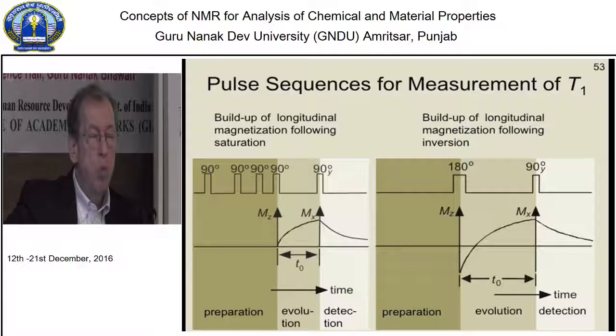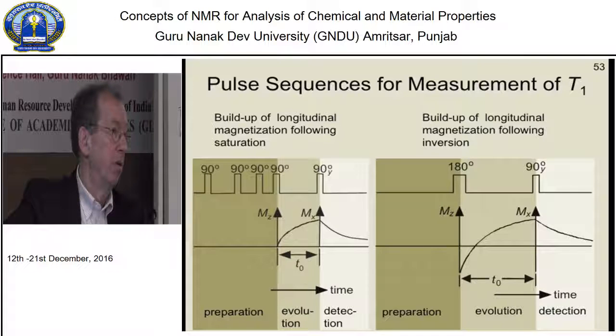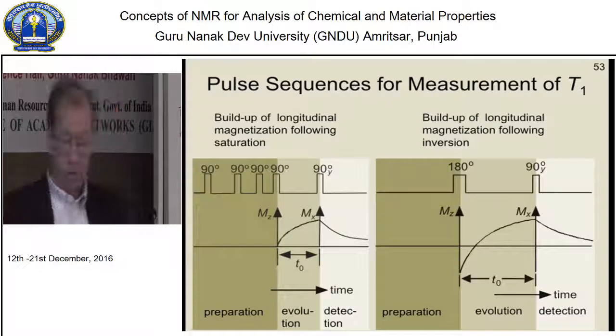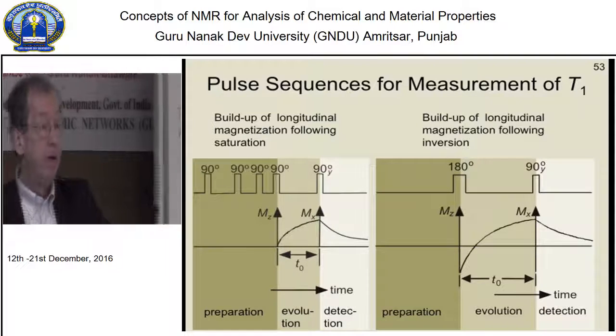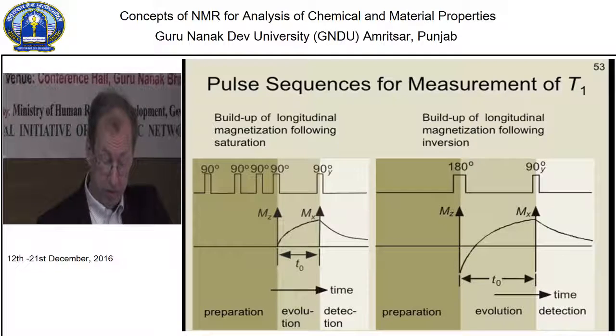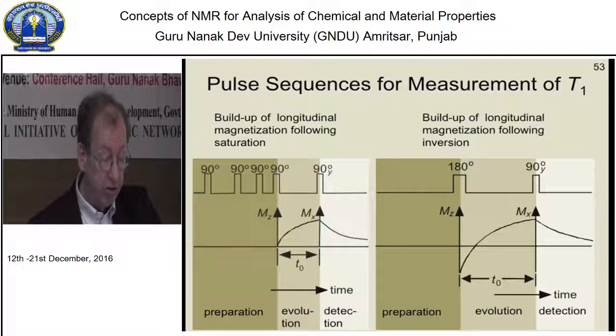Typically, T1 is longer than T2. For liquids that have low viscosity, T1 is equal to T2. That's a limiting case. In many solids, you have T1 being much longer than T2, because there are all kinds of spin-spin interactions that make T2 very short. And this is a topic we will address in the remaining part of this lecture.